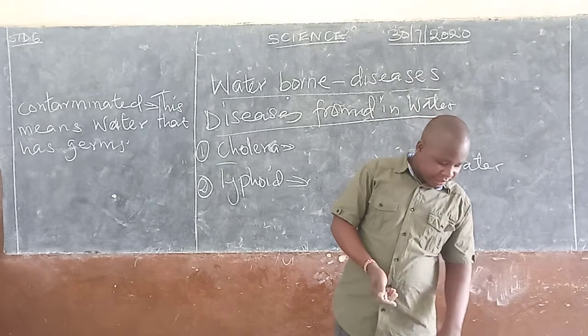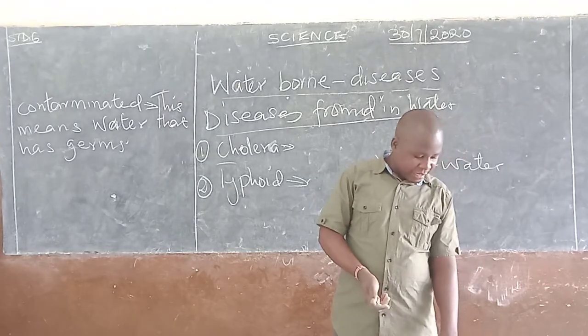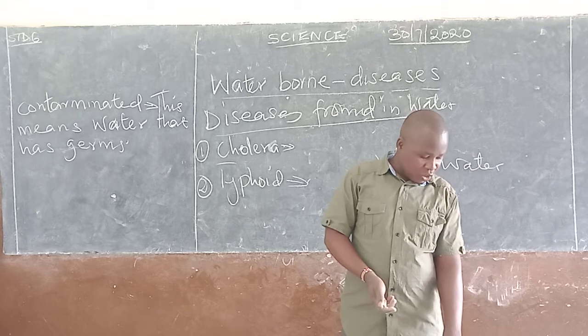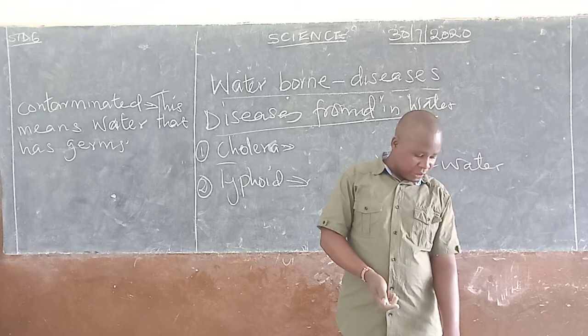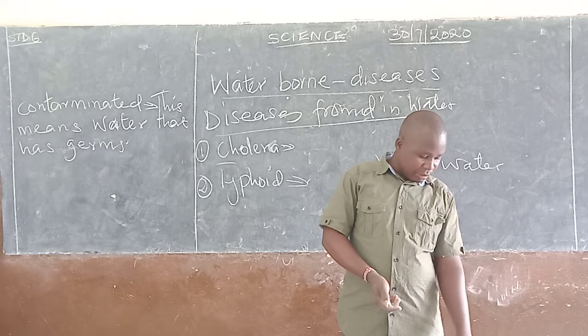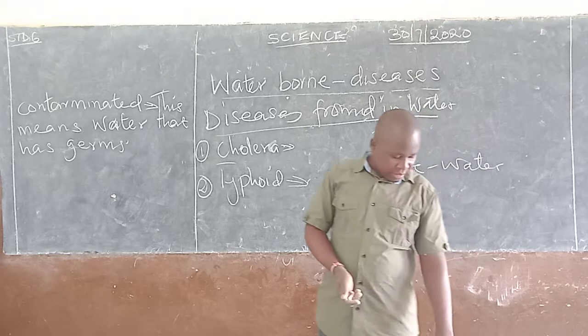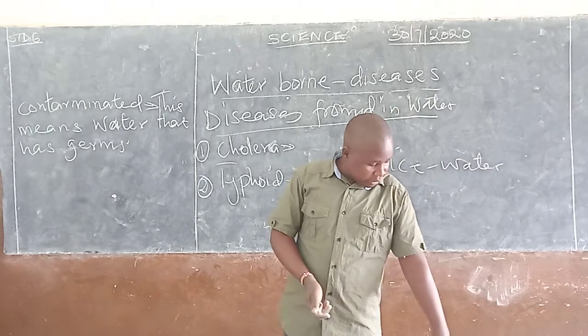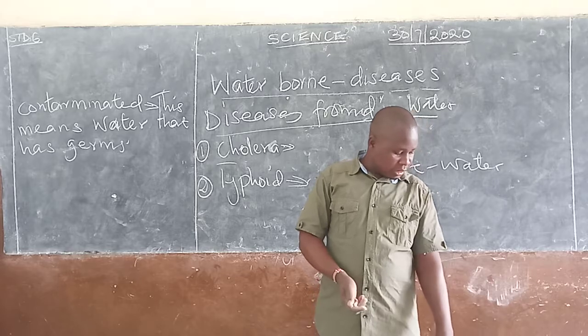A person may get typhoid fever after eating food or drinking water contaminated with feces or urine from a typhoid carrier. Water contaminated with feces, urine or sewage spreads typhoid very quickly.